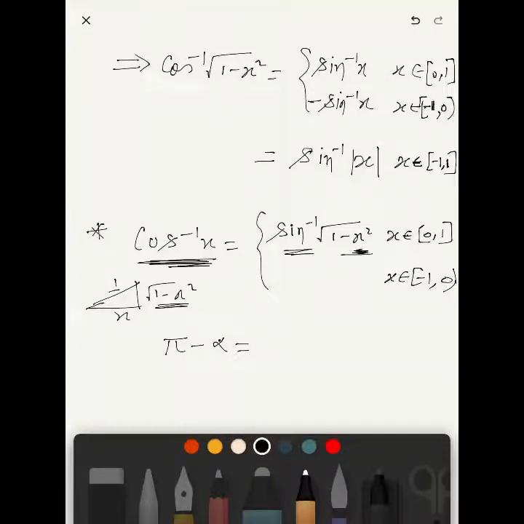When you put negative x, minus x square will be the same, right? So nothing changes here, it will be beta only. So what is your alpha? Alpha is pi minus beta, which is pi minus sine inverse under root 1 minus x square. Remember, the left one is alpha and the right side is beta.